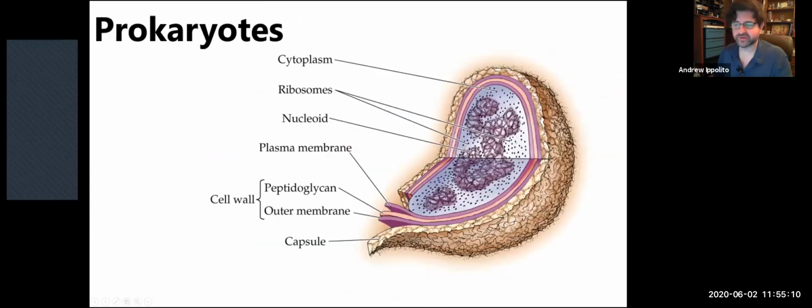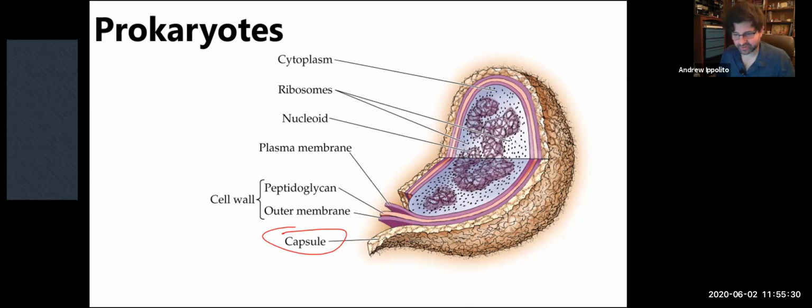Here's a picture that shows you the double membrane. You can see here there's two kinds of glycocalyxes.